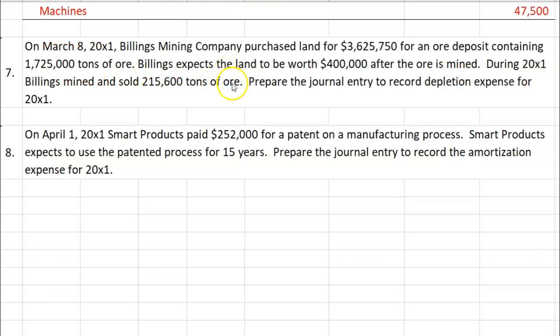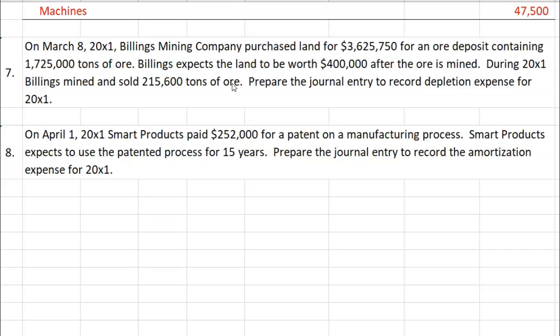Problem number 7 is a depletion problem. On March 8, 20X1, Billings Mining Company purchased a tract of land for $3,625,750 for an ore deposit in the land containing what they estimate to be 1,725,000 tons of ore. Billings expects the land to be worth $400,000 after the ore is mined.